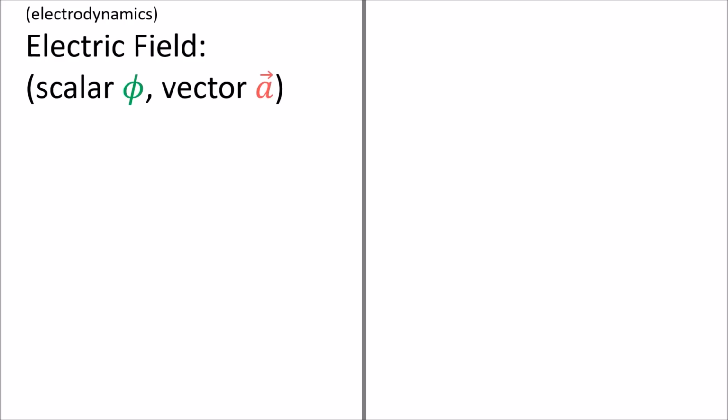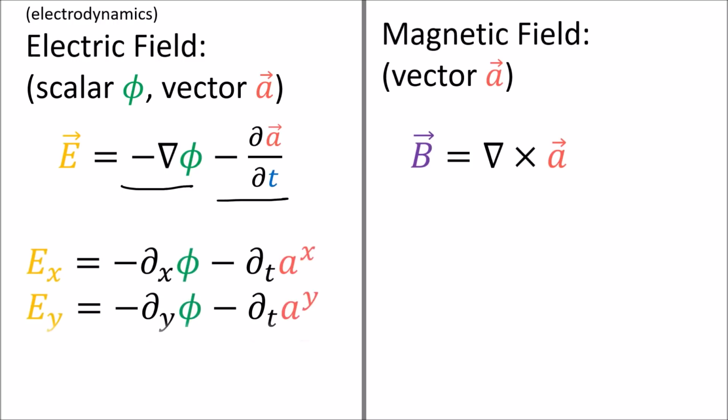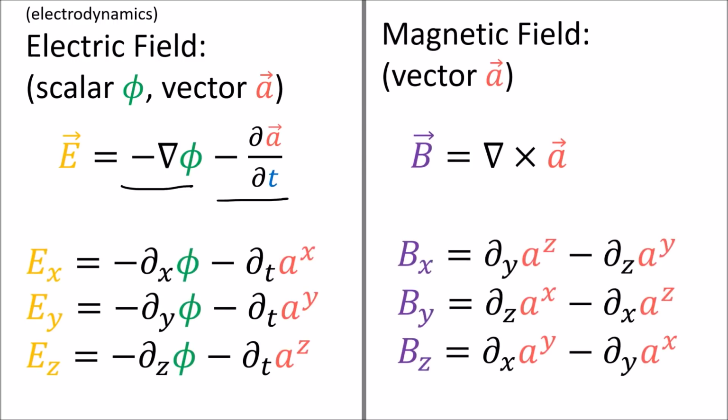If we upgrade to electrodynamics with moving charges, the electric field is now the negative gradient of phi minus the time derivative of A. These two equations each give three formulas for the XYZ components of the E and B fields.